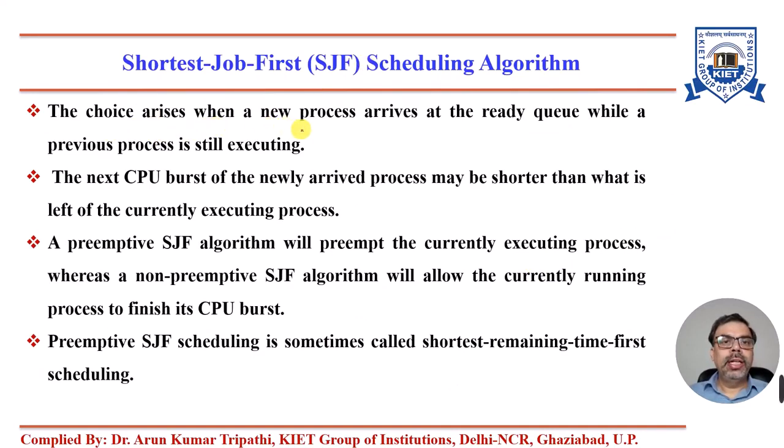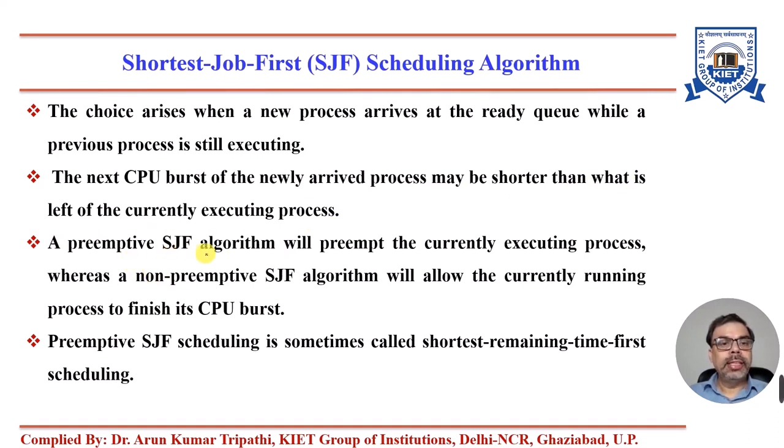The choice arises when a new process arrives in the ready queue while the previous process is still executing. The next CPU burst time of the newly arrived process may be shorter than what is left of the currently executing process.